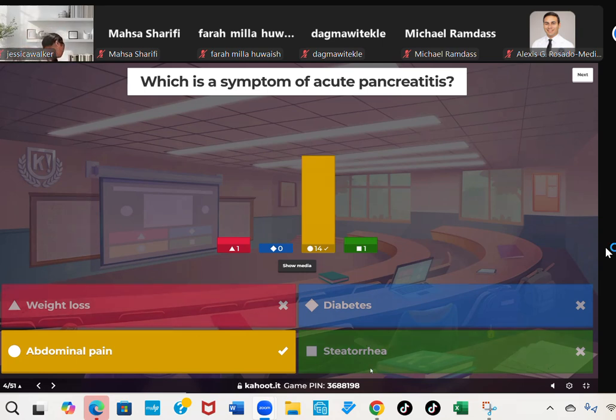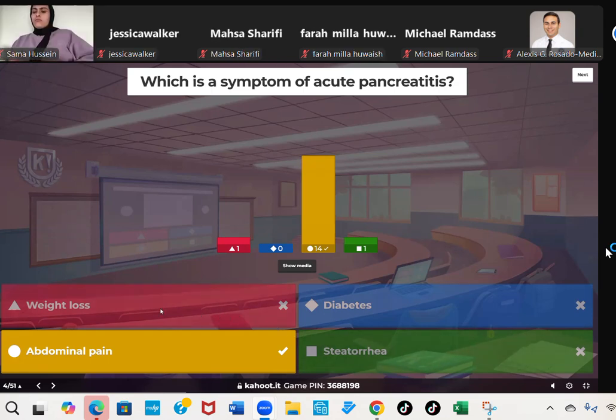So chronic pancreatitis starts with steatorrhea and goes from there to weight loss. Diabetes is end stage chronic pancreatitis. Remember that the endocrine function is the last to go when the pancreas is dying. So diabetes is stage 4 burnout, but that's a chronic pancreatitis issue.